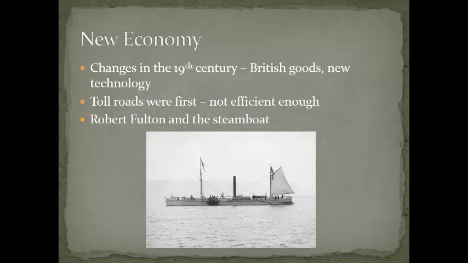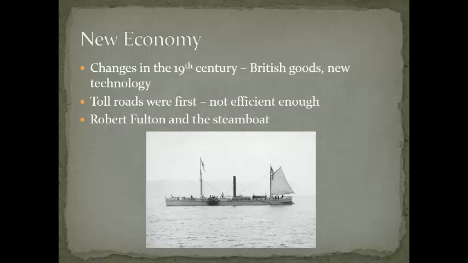Robert Fulton is going to design the first commercially successful steamboats. Rapid transportation, both downstream and upstream. It helps lead into what's known as the Canal Age. So after the War of 1812, America becomes flooded with cheap British goods, and when you combine that with this new transportation technology, that creates what's known as a market revolution.